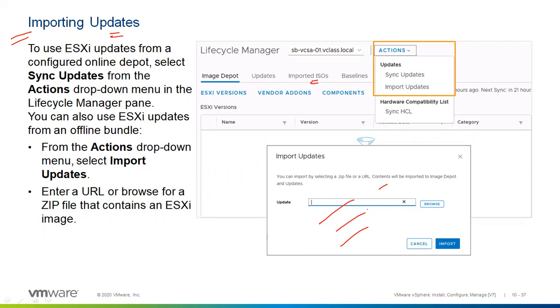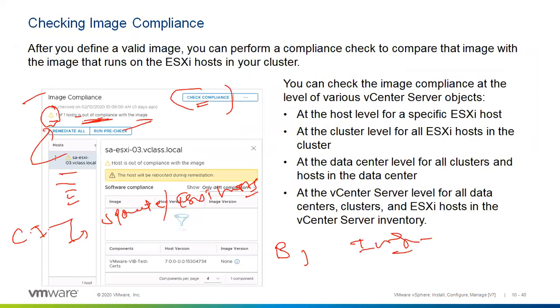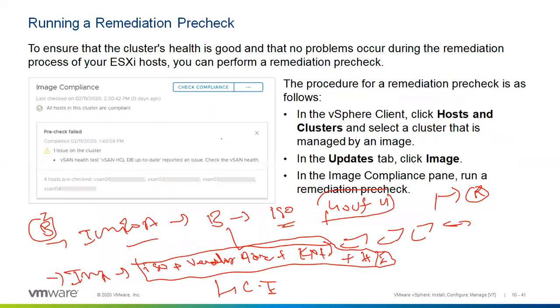By collecting all the details, add-ons, packages, hardware, and firmware, make a master image, and then go again to vSphere Lifecycle Manager. There is a tab of image depot, go to image. Then with respect to the image, again check the compliance for your cluster nodes, and then run pre-check remediation and perform the remediation.